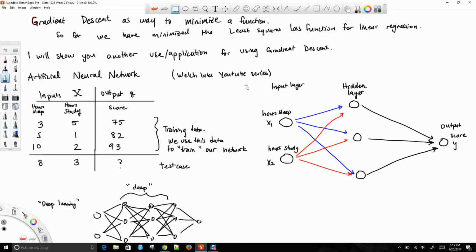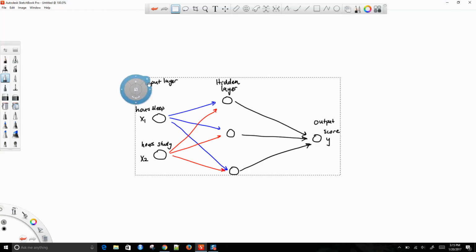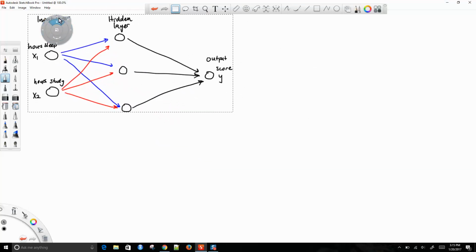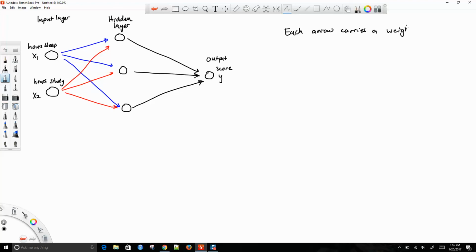Okay, so I'm going to go ahead and copy this onto the next slide. Obviously, you don't need to copy it. The way it works is each arrow that we have here carries a weight. So the inputs get weighted as they travel to the next layer.